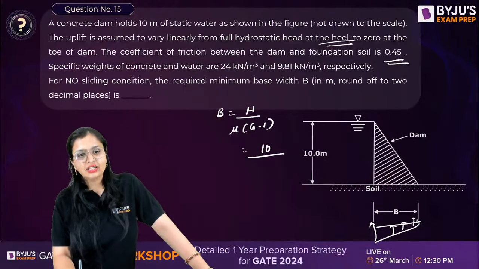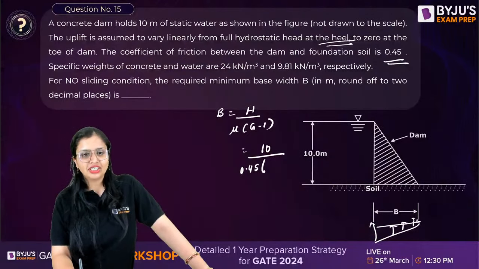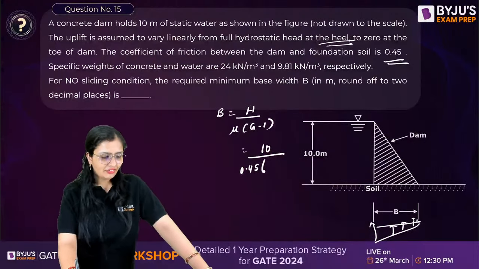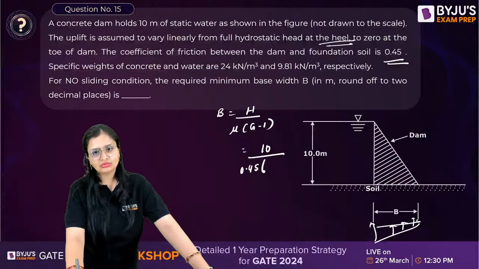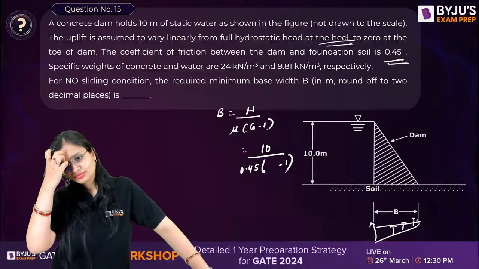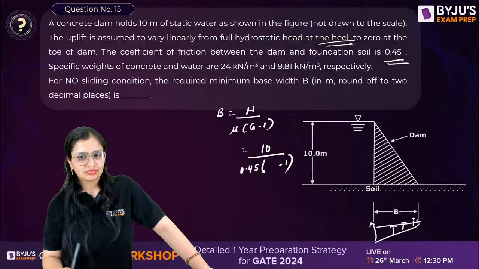H is 10, mu is 0.45, specific gravity is how much? Is it given to you directly in the question? How much is the specific gravity? We'll take it 2.4.